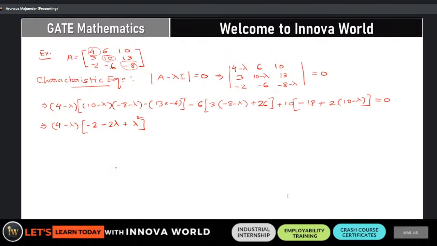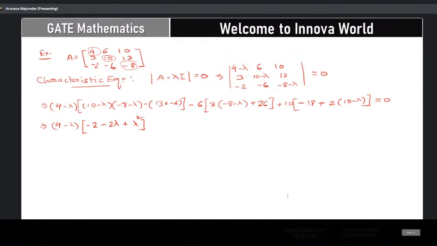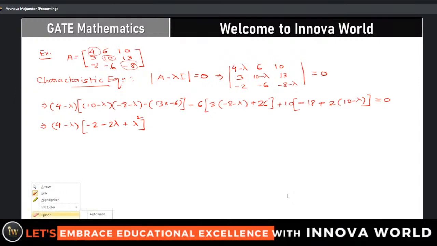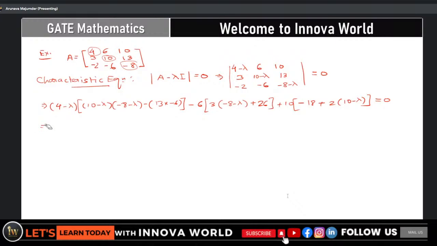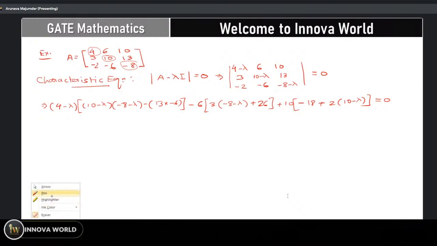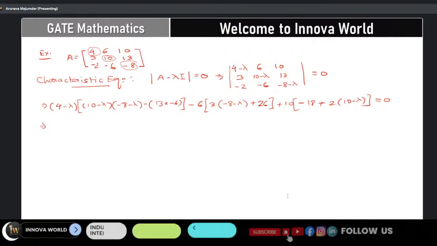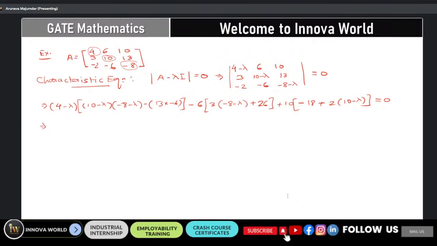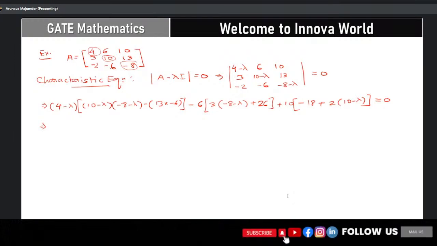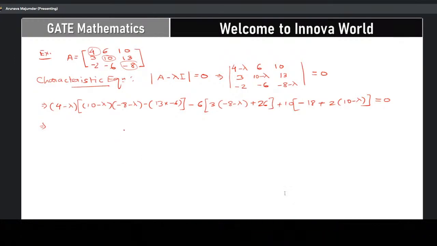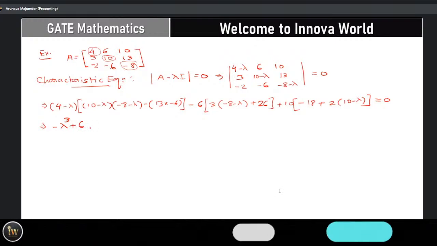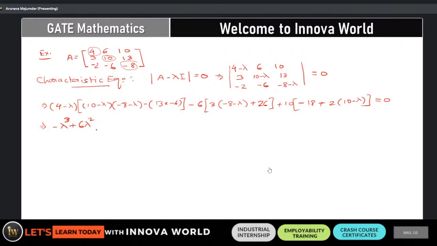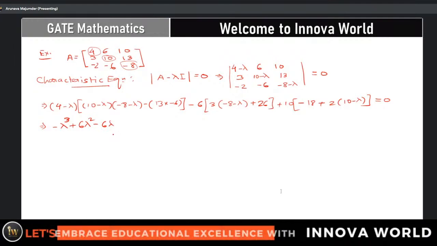If you don't know how to solve a cubic equation, let me explain a little bit, and it will be easier for you. After simplification, we will get a cubic equation like this: minus lambda cube plus 6 lambda square minus 6 lambda minus 8 is equal to 0.